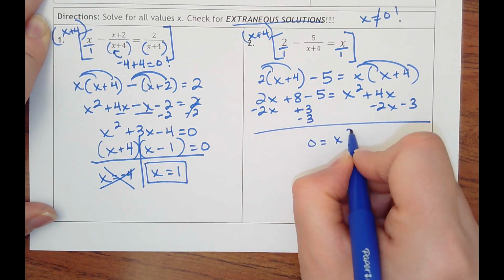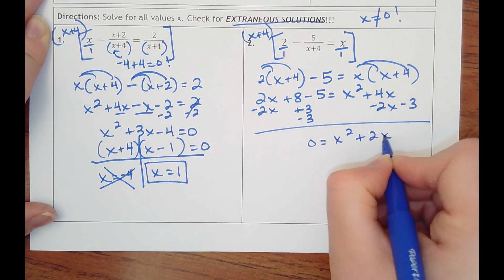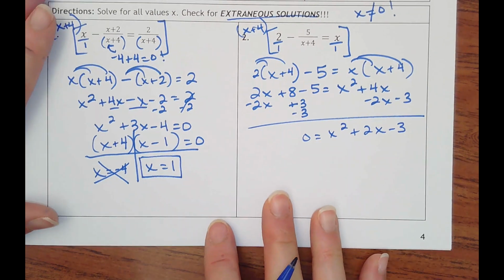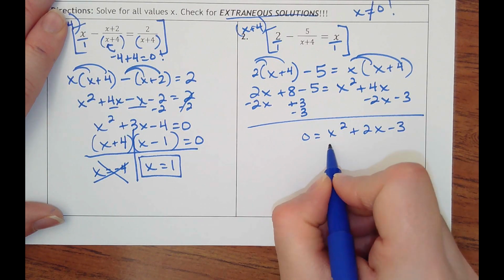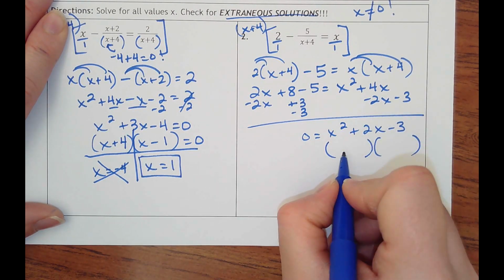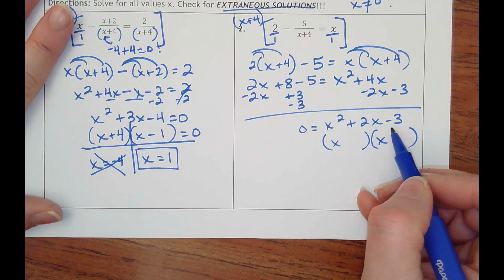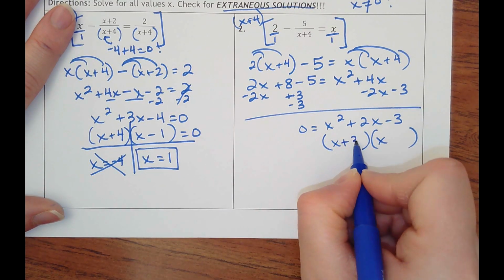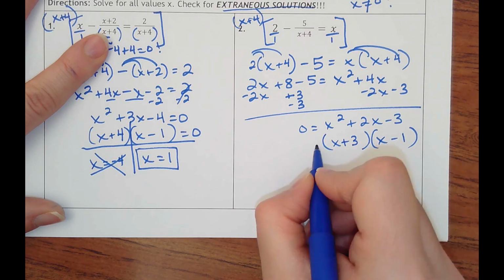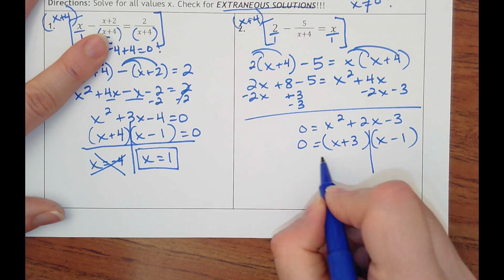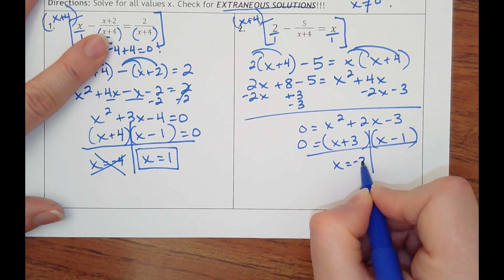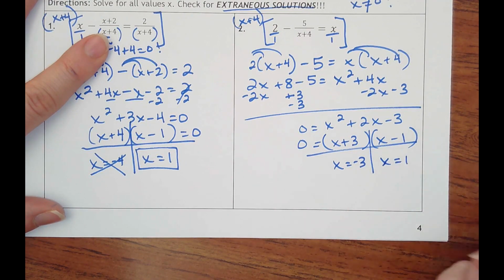So I get x squared plus 2x minus 3. Factor. We want to multiply to make negative 3, but add to make 2. So it'd be positive 3 and negative 1. So answers would be negative 3, positive 1.